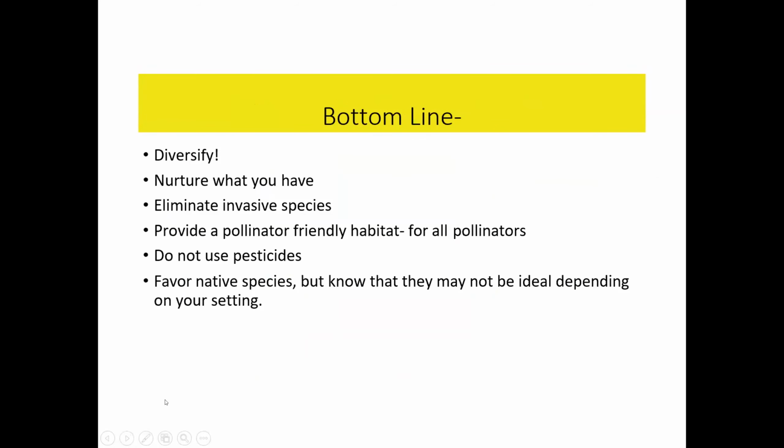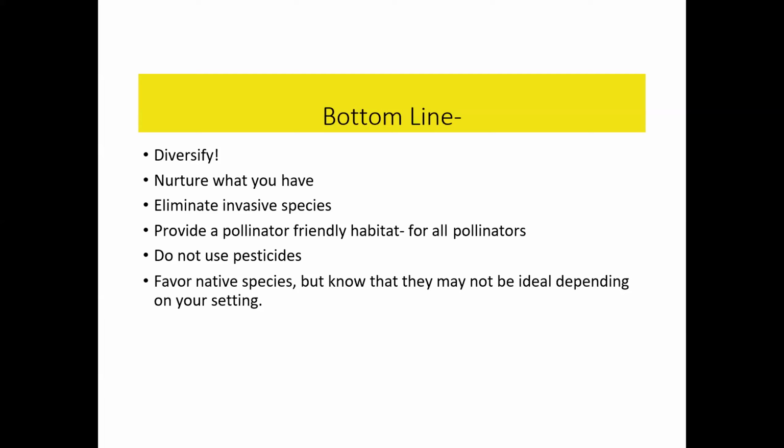So the bottom line: diversify, nurture what you have. Even if you have what you consider to be a lousy box elder tree or a lousy poplar tree, nurture it. It's adding something to the environment. Eliminate invasive species. Don't plant anything, don't move anything around that could be invasive.